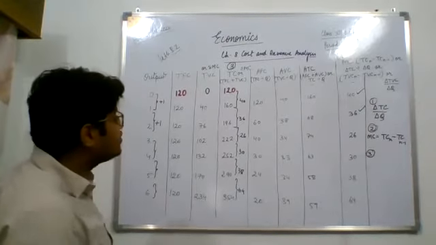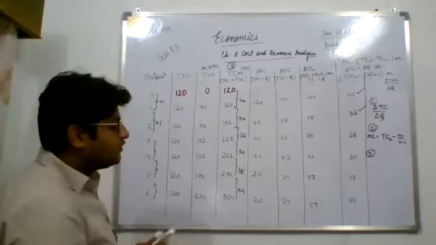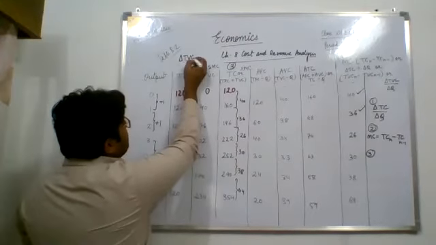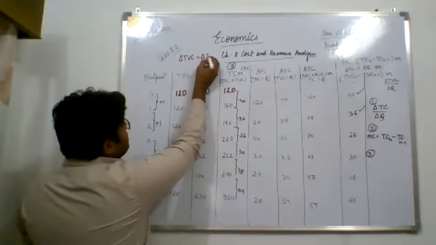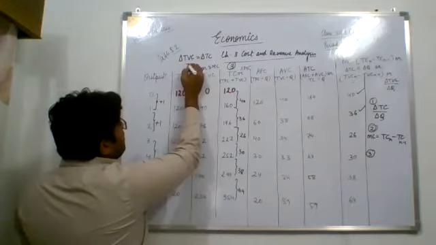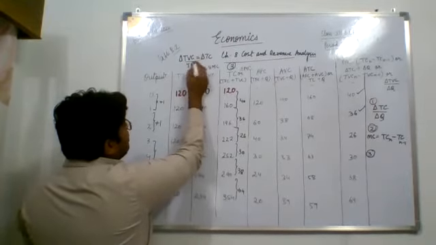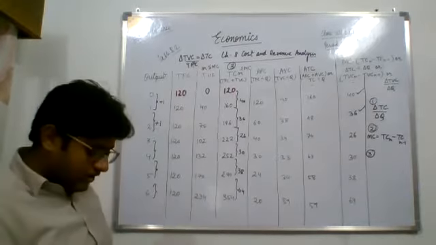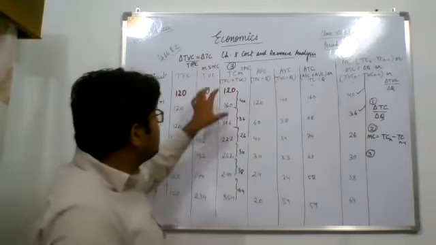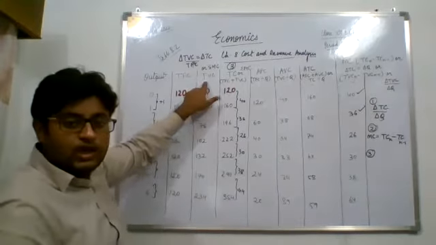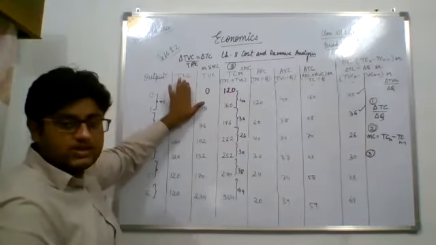All right, whatever change is there in TVC, it is equal to the change in TC as your TFC is constant. This I have already told you. That means whatever change is happening in TC is due to TVC, not TFC, because TFC remains constant.